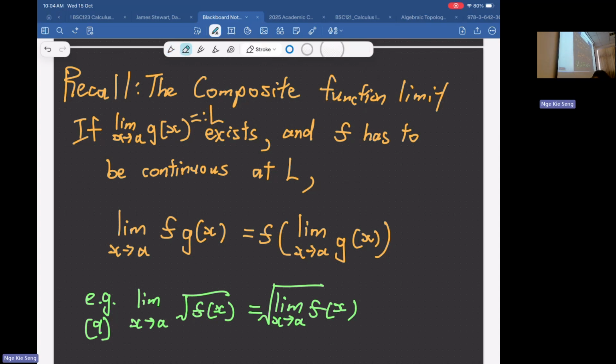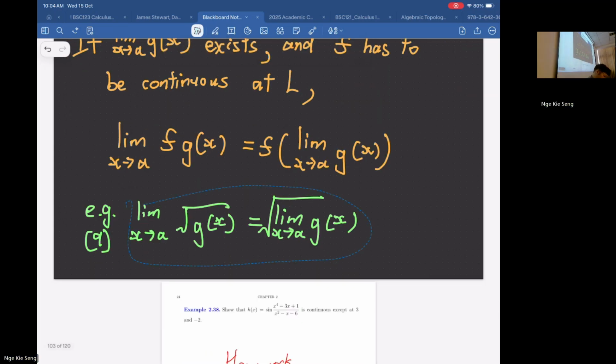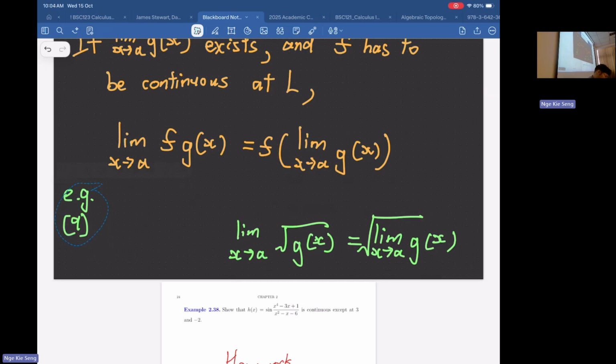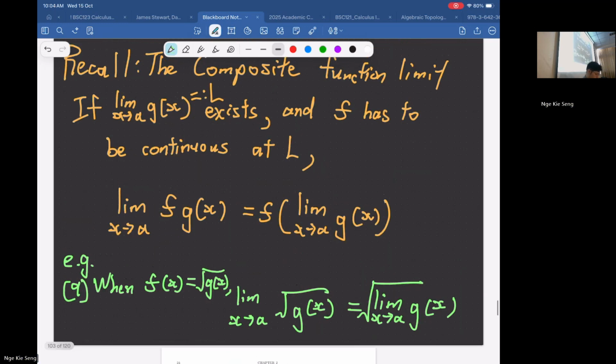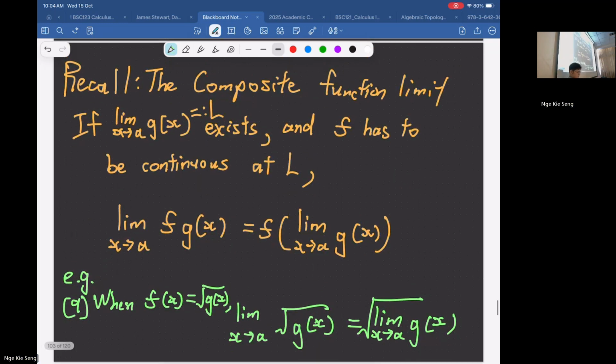If you don't like this f, maybe I can change it to g. So in this case, we'll see that f(x) is actually the square root of g(x).